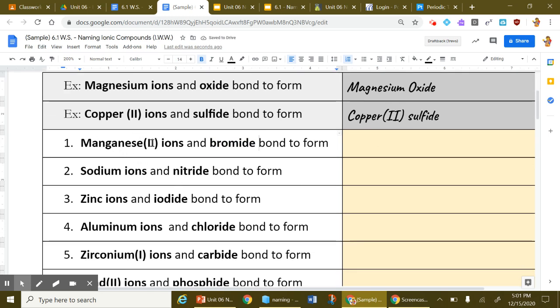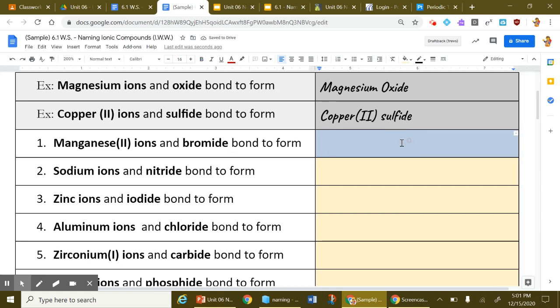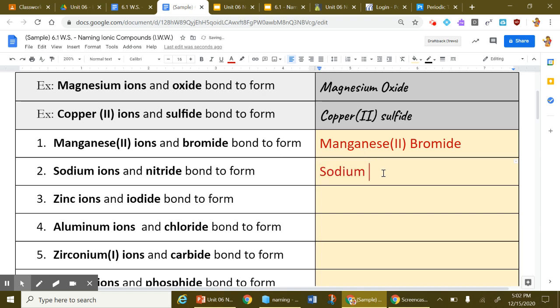So if you have manganese 2 ions and bromide, that is going to form manganese 2 bromide. Okay? Did I misspell that? I did. Expect a lot of that, guys. If you combine sodium with nitride, you get sodium nitride. Okay?